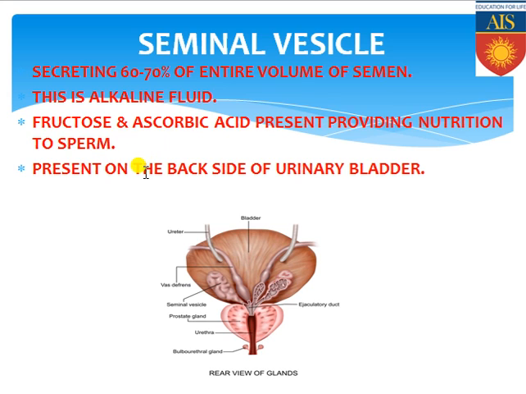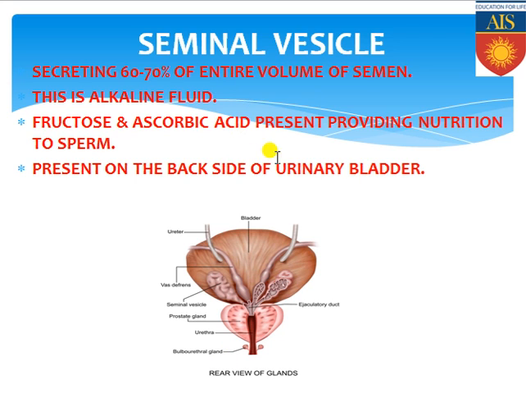Another most important point is that the seminal vesicle secretes a chemical substance containing fructose and ascorbic acid, which provide nutrition to the sperm. And about the location of the seminal vesicle, if it is asked, these are leaf-shaped glands, and these are present at the back side of the urinary bladder. That means towards the vertebral column it is present. It is not present at the front of the urinary bladder, and these are leaf-shaped. And keep it in your mind, these glands open into the ejaculatory duct.